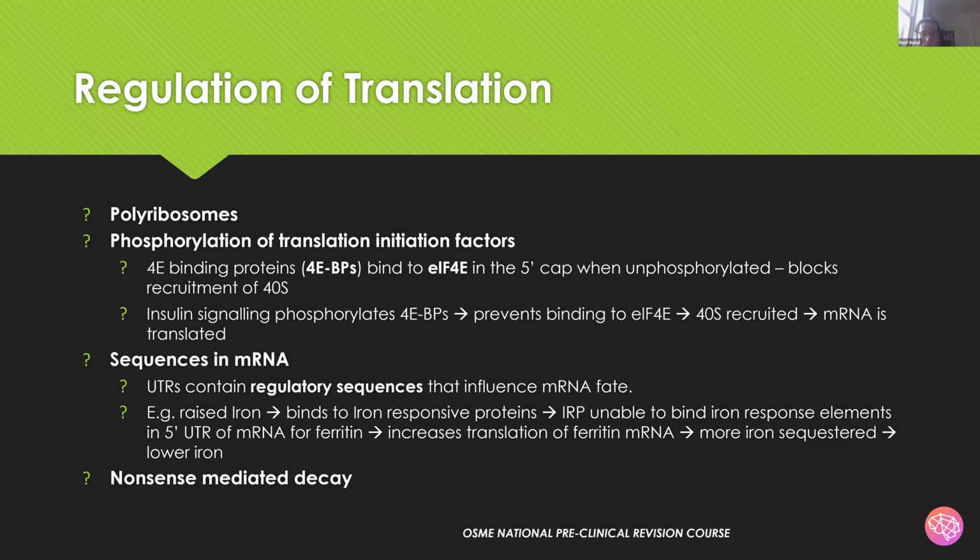This can happen with the insulin signaling cascade, where you have phosphorylation of the 4EBPs, and then you have a negative of a negative, so that prevents binding, and so you have the 40S subunit being recruited.